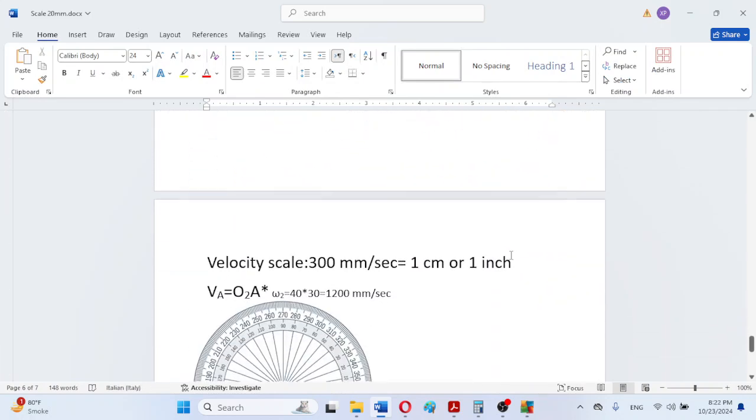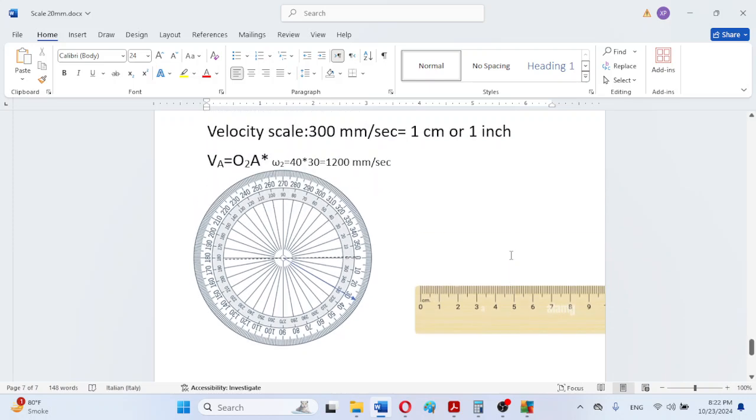This 30 degree angle has been mentioned, and now we will measure its length according to the scale, which is 1200 divided by the scale, and the scale has been selected as 300 millimeter to be 1 centimeter.